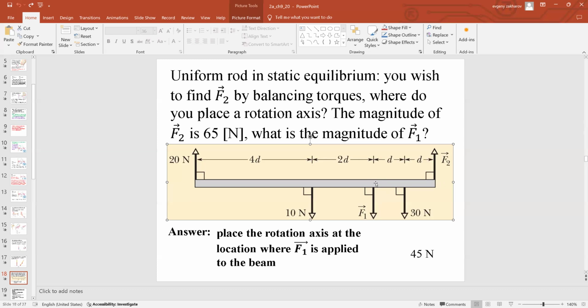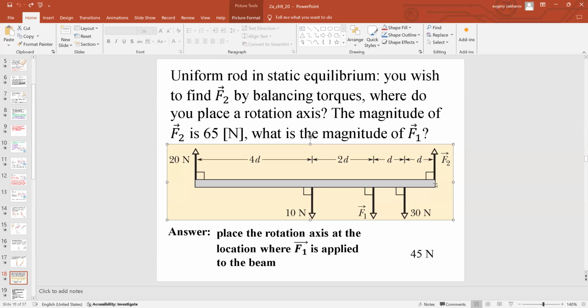And with that 0 torque, you say there is a torque from 20, there is a torque from 10, plus 0 torque here, plus torque from 30, and minus or plus F sub 2 times whatever the distance. So there is a torque for F sub 2. You can solve for F sub 2 right away. So you eliminate one of the unknown forces by choosing the axis of rotation right here, or maybe right there if you want to eliminate F sub 2, because this is the line of action for F sub 2.